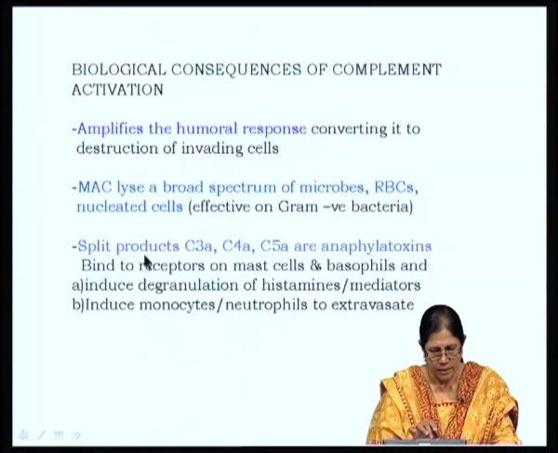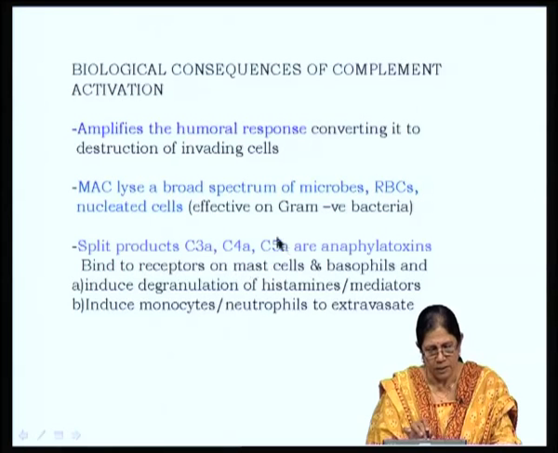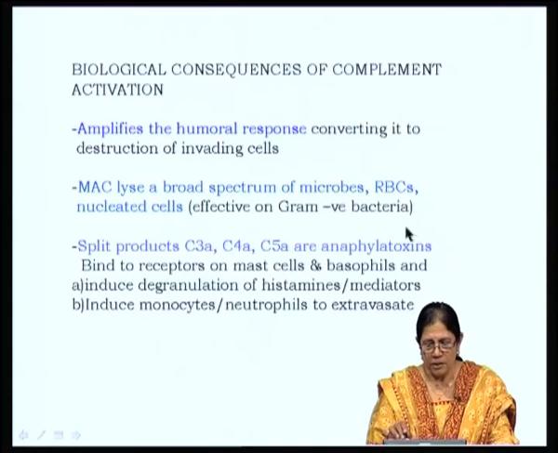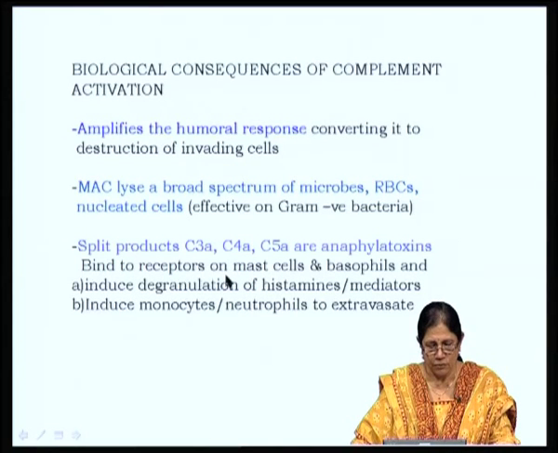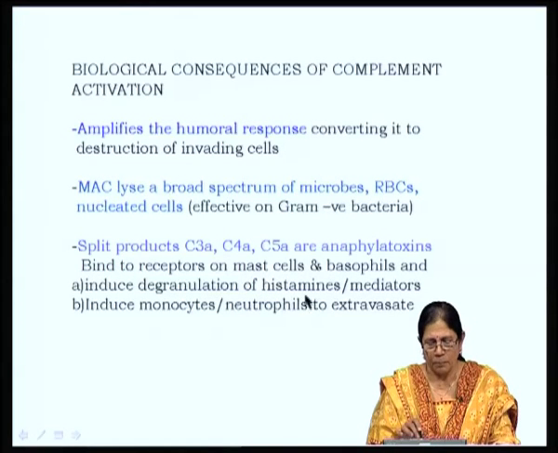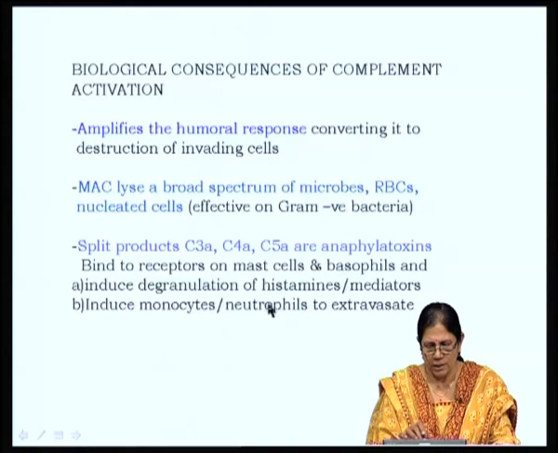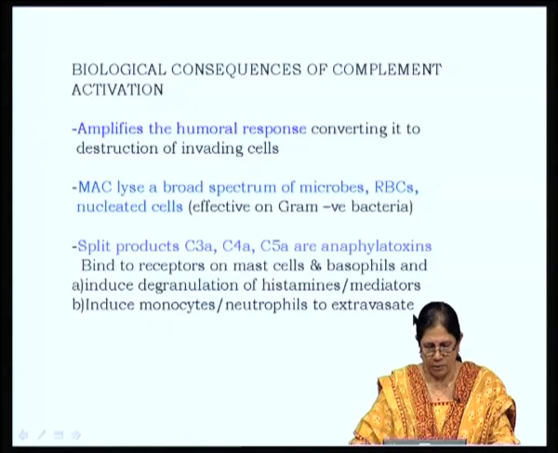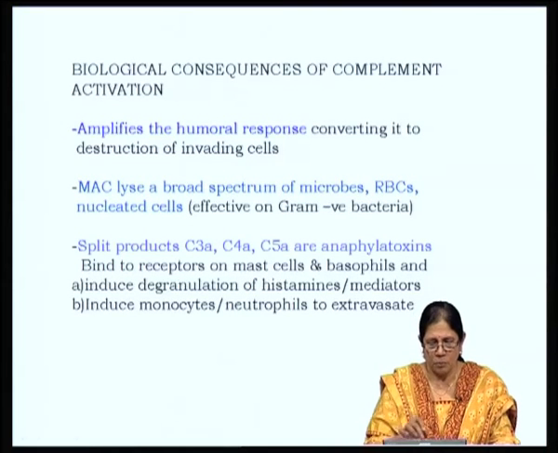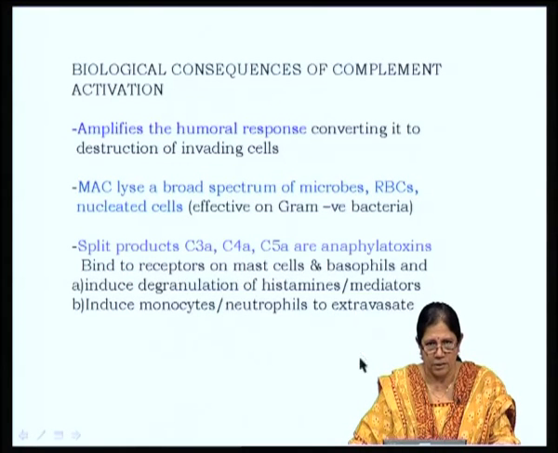We should not forget, though we are not going to talk too much in detail, the split products that are formed, C3a, C4a, C5a, called anaphylatoxins. They bind to receptors on mast cells and basophils and induce degranulation of the preformed granules of these cells, which have histamines and mediators of inflammation. The split products also induce monocytes and neutrophils to extravasate.